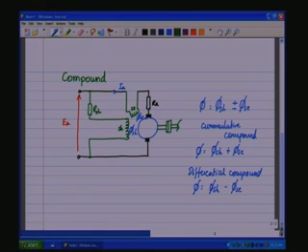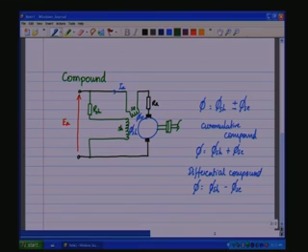Now, under load conditions, because IA is going to be large, the flux is going to be higher than under no load conditions, where the series field flux is less significant.